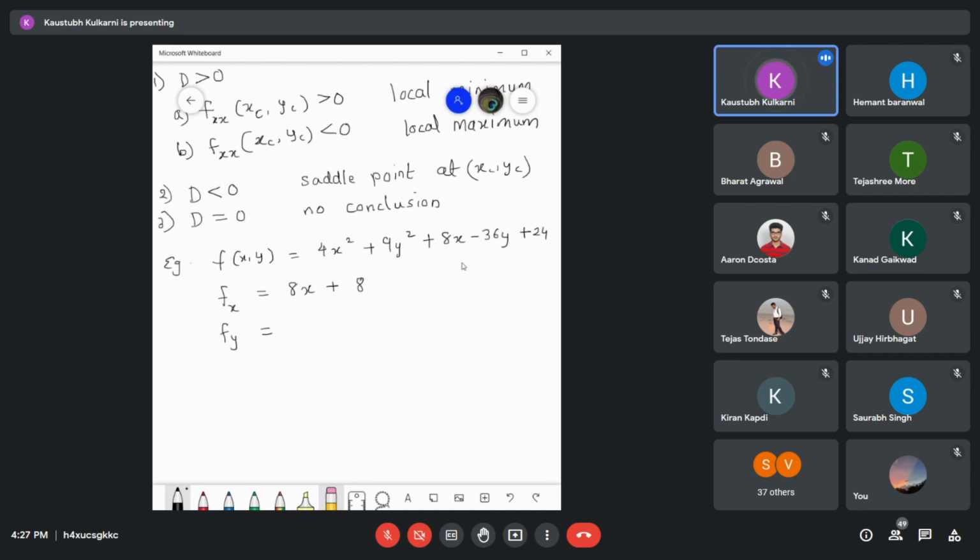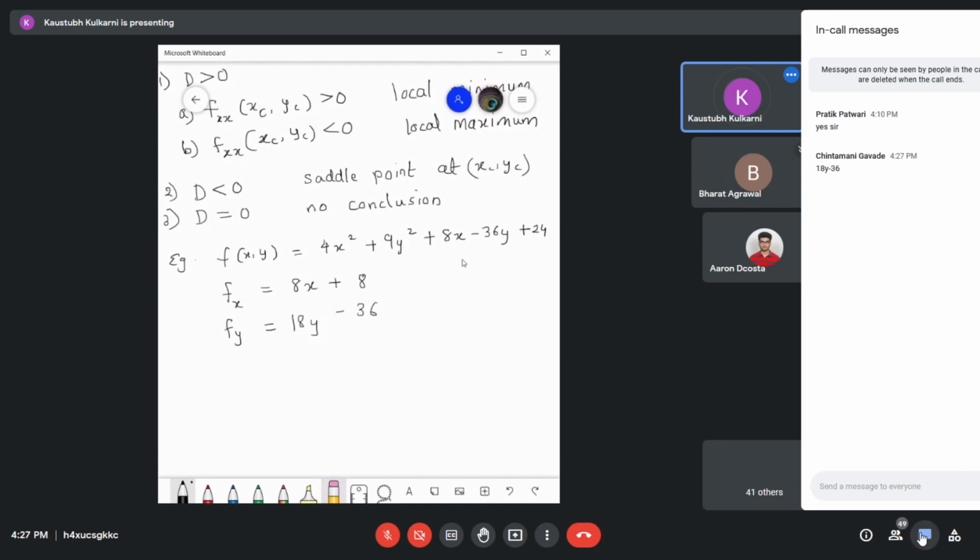First derivative with respect to y. As it is, you also solve simultaneously and you can verify whether you're getting the same things or not. So derivative with respect to y will be 18y from this minus 36. Okay.